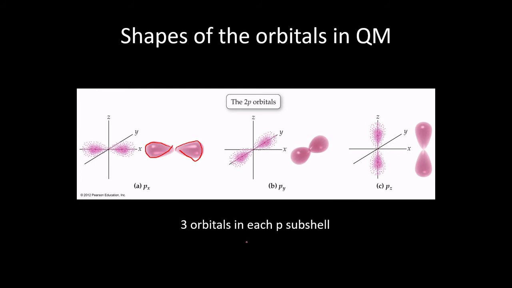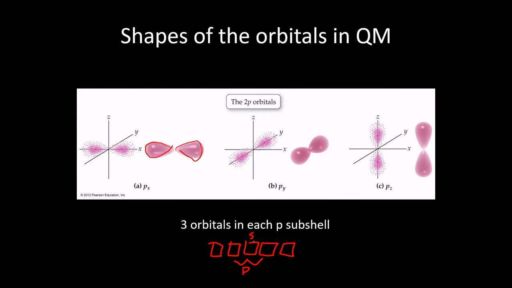The easiest way I know to think of it is, we have 1 orbital here, that's the s. When we go to the p subshell, we're just going to add an orbital on each side. So that's the p with 3 orbitals, and then when we go to d, as we'll see in just a second, we add 2 more. And so the d is going to have 5 orbitals in it.